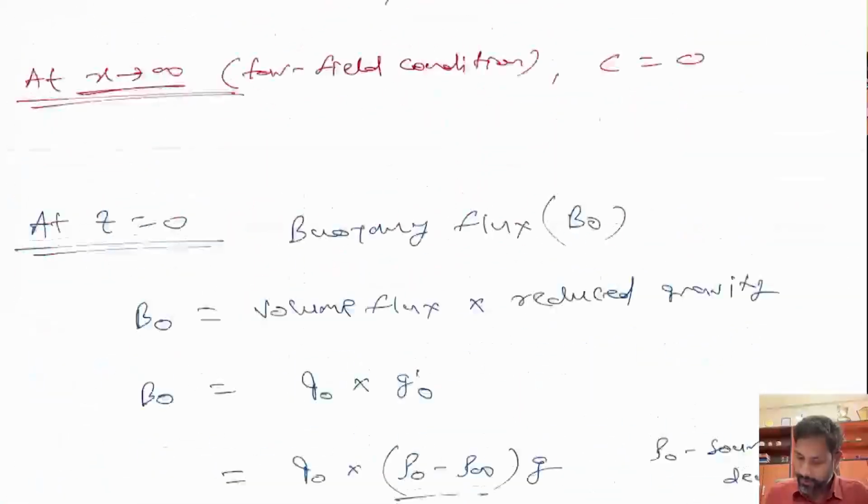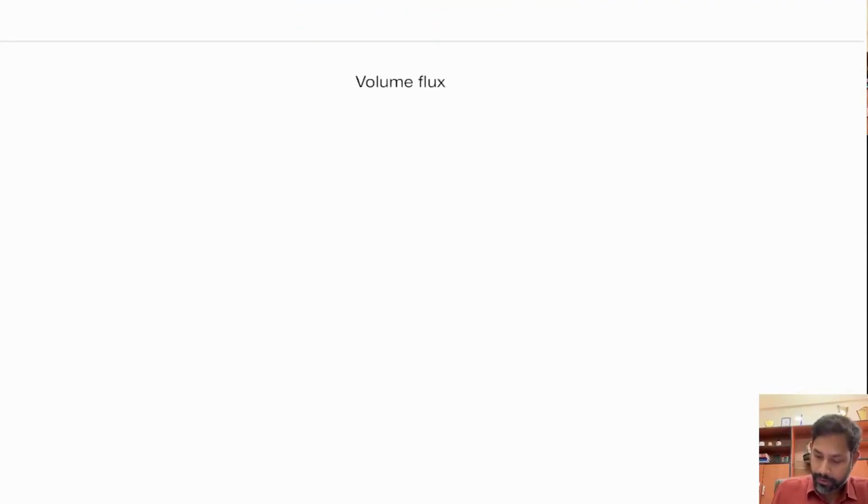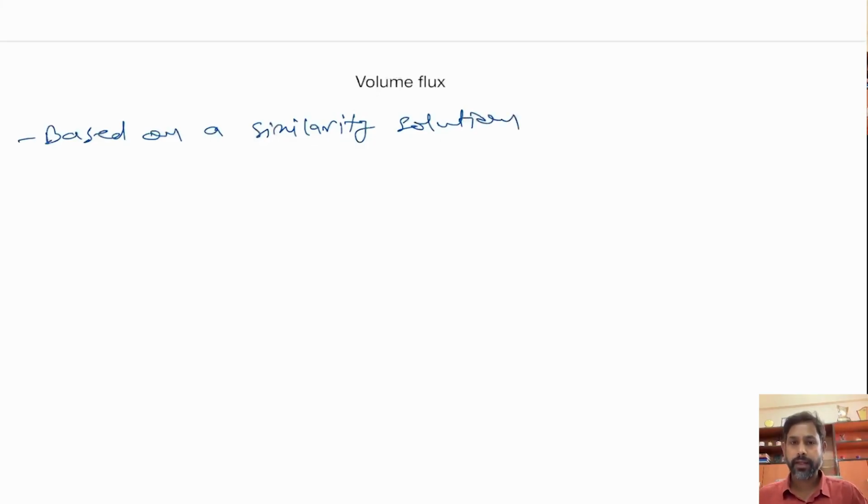So this actually comes based on a similarity solution, which we are not discussing because it's a very lengthy derivation. So we will not worry about the derivation, but I'll write the final formula that we get here.